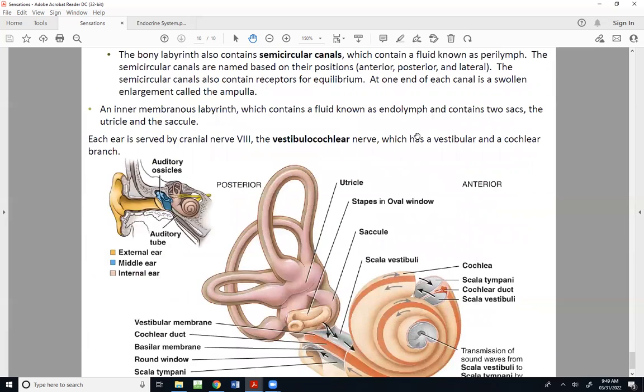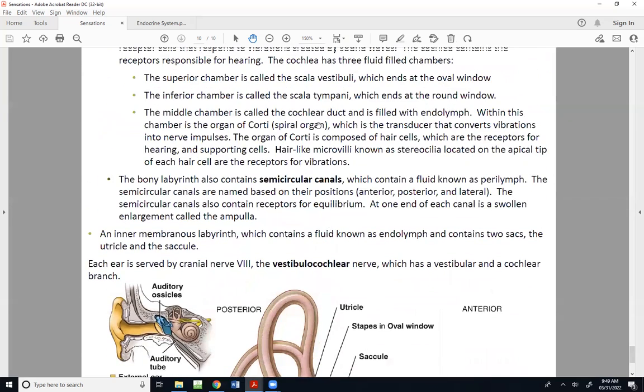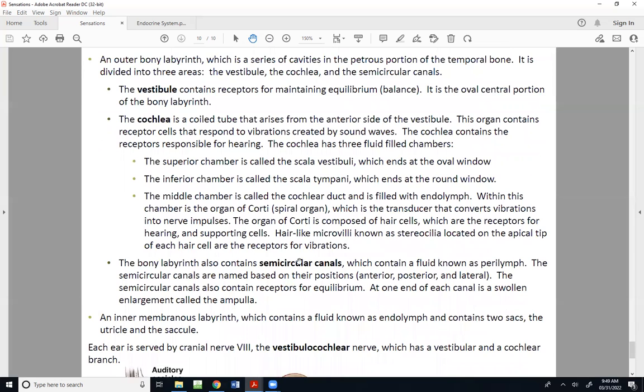Okay. At the bottom of those three semicircular canals is where you find an enlargement called an ampulla. And you can see that structure there. Okay. This is where you find the receptors that are responsible for equilibrium. So in other words, equilibrium or balance involves the vestibule and the semicircular canals, whereas hearing is strictly associated with the cochlea.